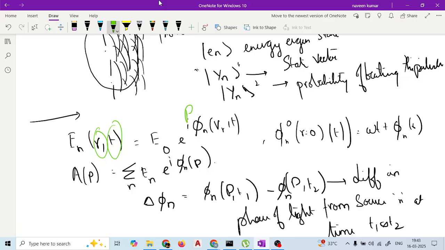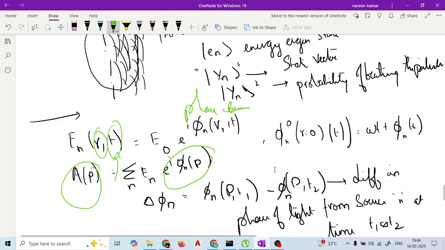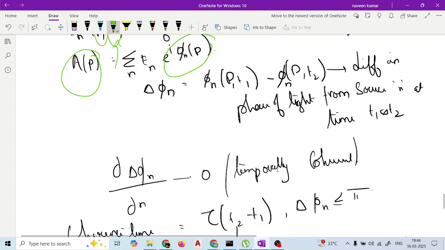What exactly is happening at the interface, mainly to figure out the amplitude function. So this is the amplitude function, the summation of the added-up phenomena with respect to e to the power i phi. This intensity is basically the amplitude squared only, so the modulus square of the amplitude of the nth source.